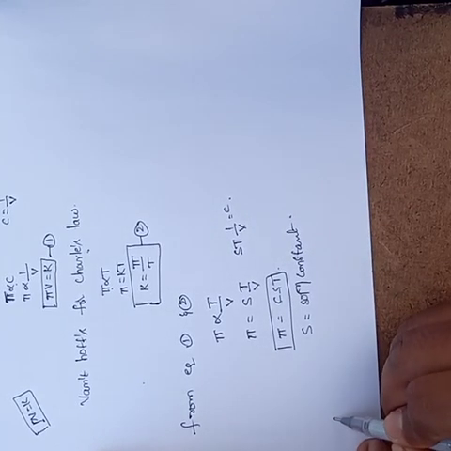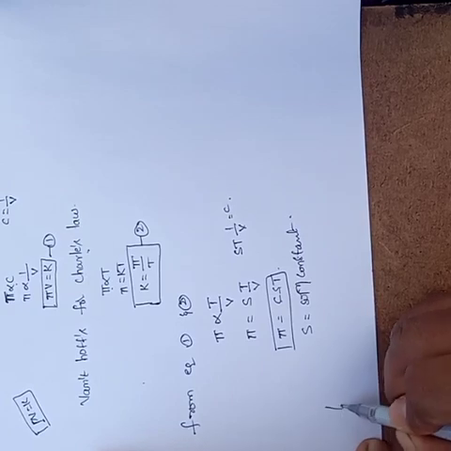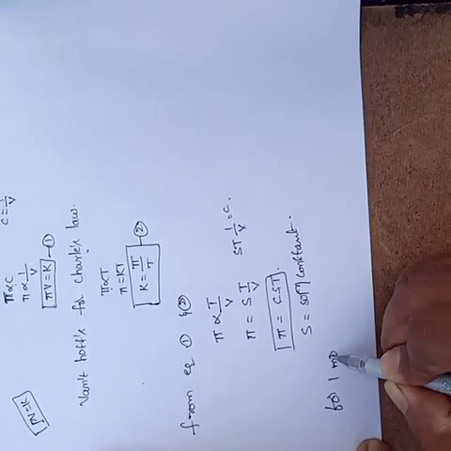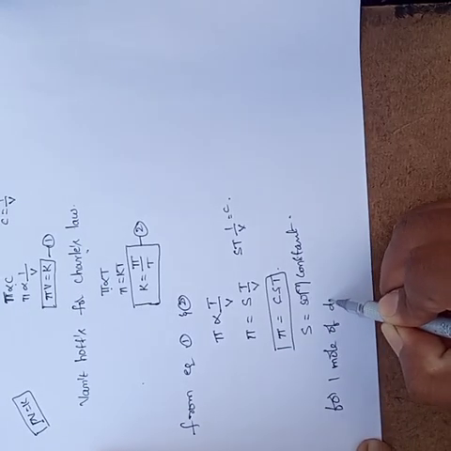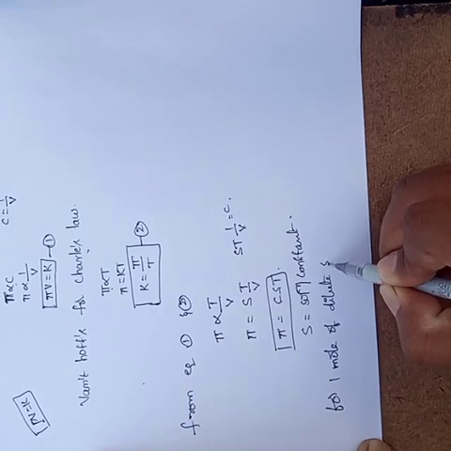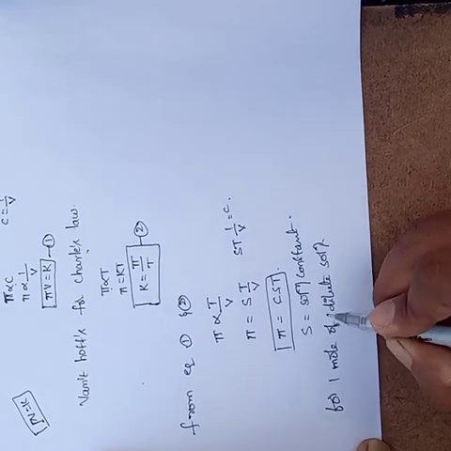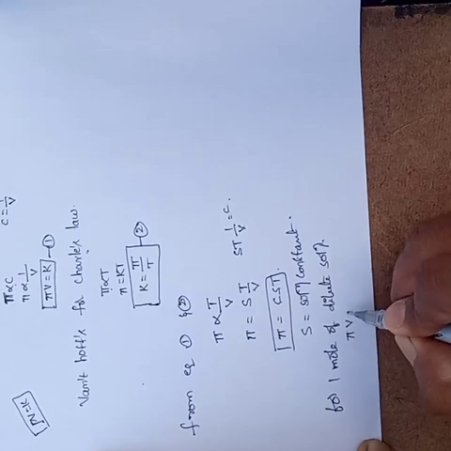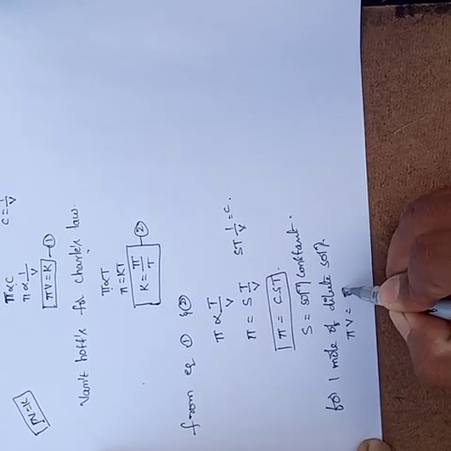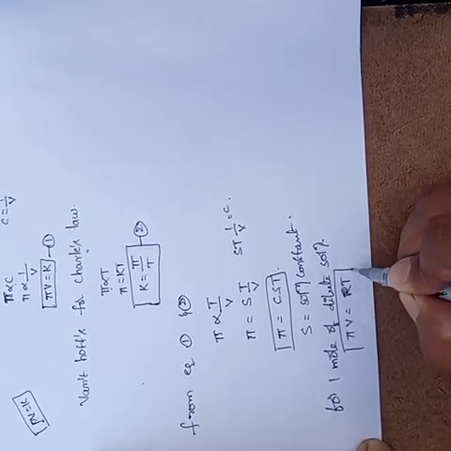So for 1 mole of dilute solution, pi V is equal to RT. So pi V is equal to what?